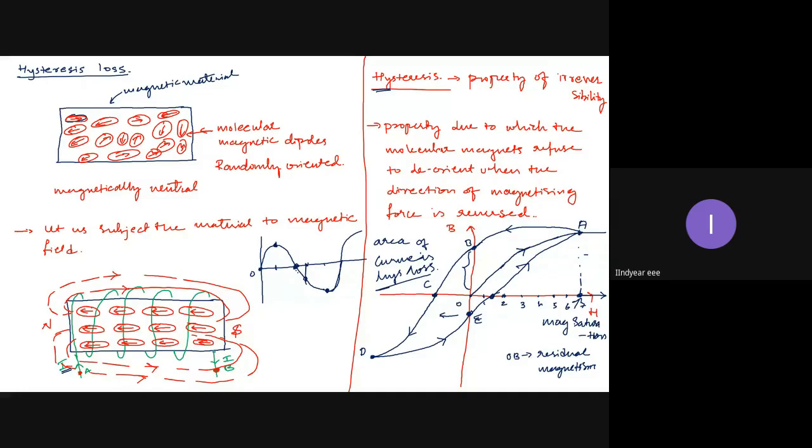Okay. So if you observe half part of the curve, one is magnetizing, one is demagnetizing. Then a logical question comes to the mind of a reader: if energy is consumed during magnetization, when it is demagnetizing, why is that energy not gained?